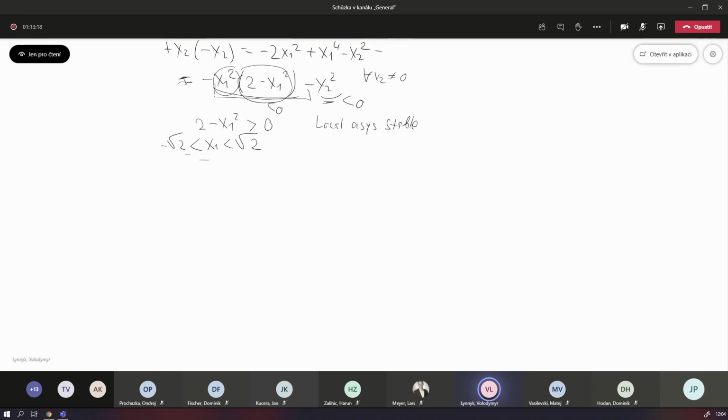Okay, something like this. And we prove the asymptotical stability not near the origin, but in a wide region.